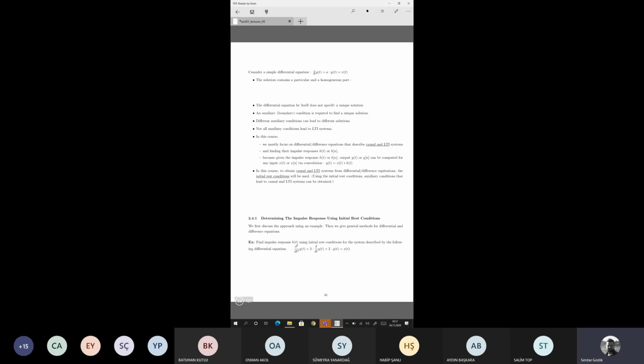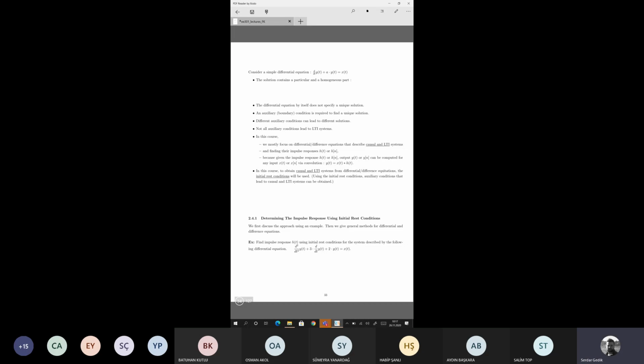So I will start with the continuous case. Well, assume that I have a simple differential equation, d by dt of y of t plus a times y of t is equal to x of t.